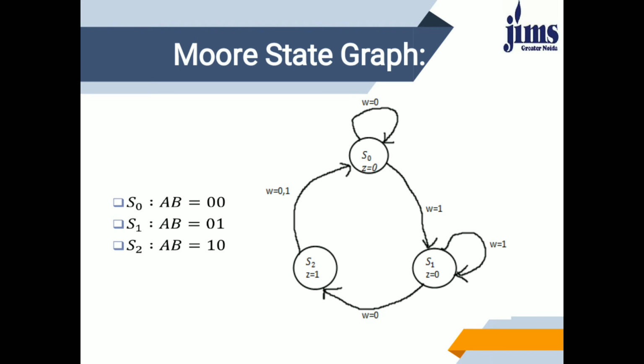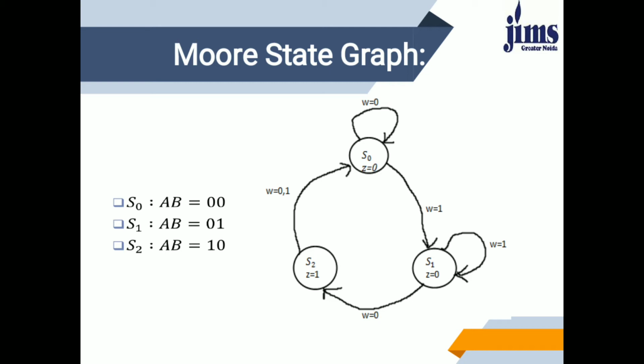See, this is the Moore state graph. In this Moore state graph, we define output as well as state. Here three states are defined: S0, S1 and S2. Whenever W equals 0 input comes, the S0 state will switch to S0 again. But if W equals 1 comes, then it will switch to the S1 state.